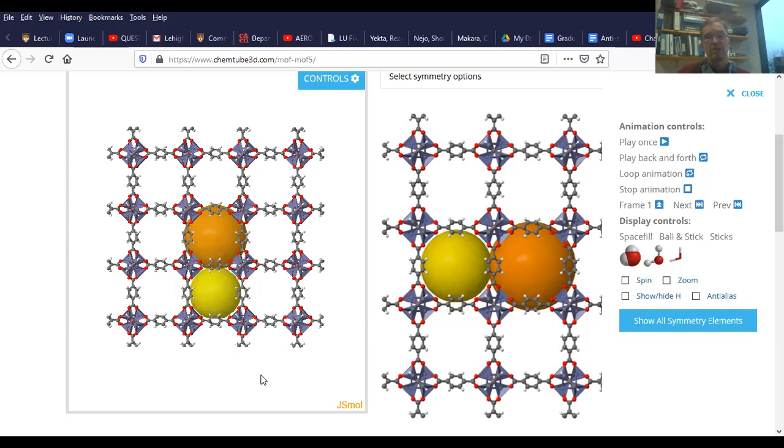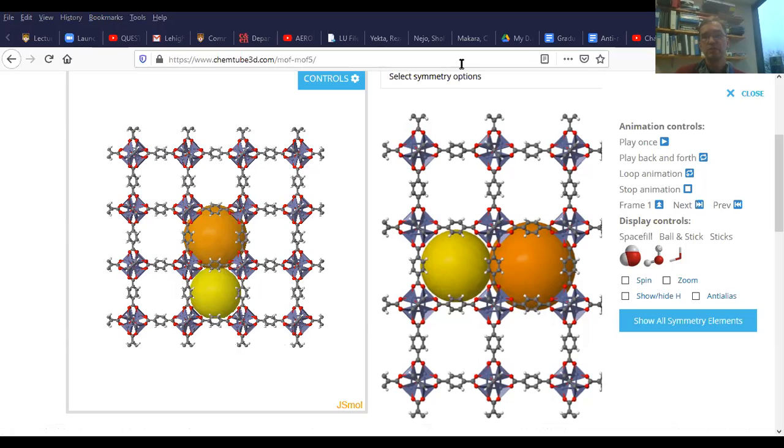So the discovery of these ultra-high surface areas in these MOF materials has sparked a lot of interest in them. And meanwhile, virtually thousands of metal organic frameworks are known.